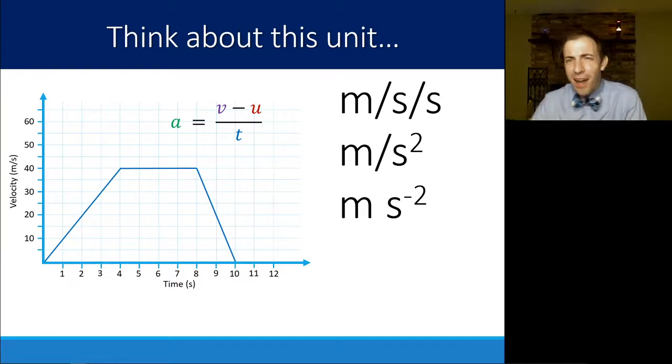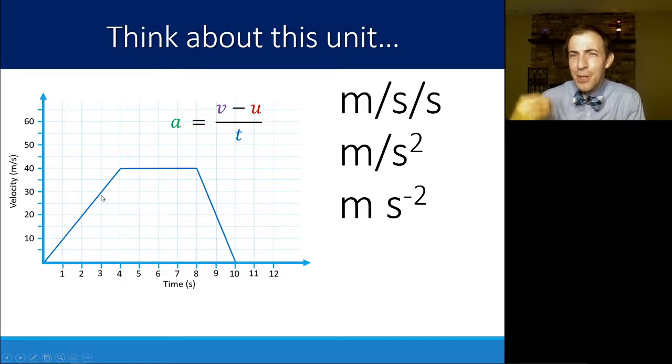Now, we've talked about this unit already, and the fact that the unit itself comes from the idea of slope, that the slope here is going to be giving us how fast the velocity is changing. We go from 0 to 40 meters per second in 4 seconds. That's a slope of 40 divided by 4, 10 meters per second every second, or meters per second squared.